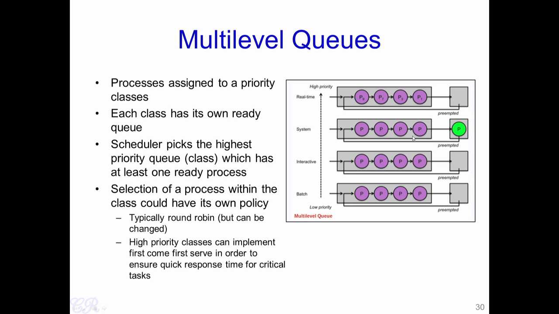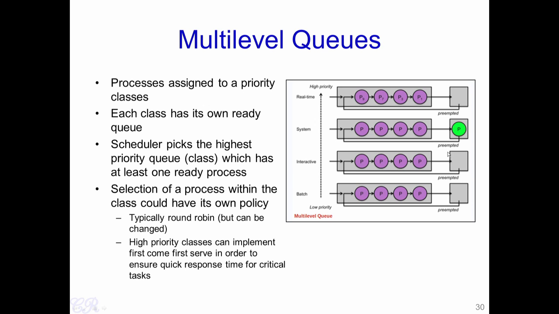Now, if there is exactly one process in the ready queue, then we do not have a problem. That process is going to execute in the CPU. However, if we have multiple processes in the ready queue chosen by the scheduler, then a second scheduling algorithm would be used to choose from this set of processes.